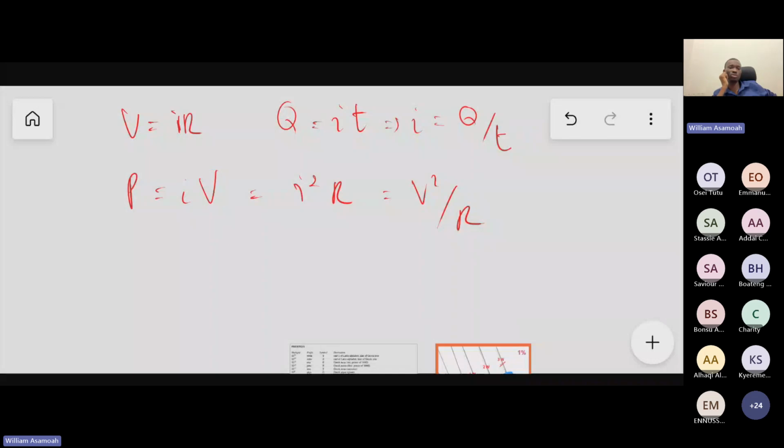Okay. Did you learn a bit about AC current in applied electricity? Yes, sir. What did you learn? How deep did you go? What do you remember? For the AC current, it moves in a sinusoidal way.